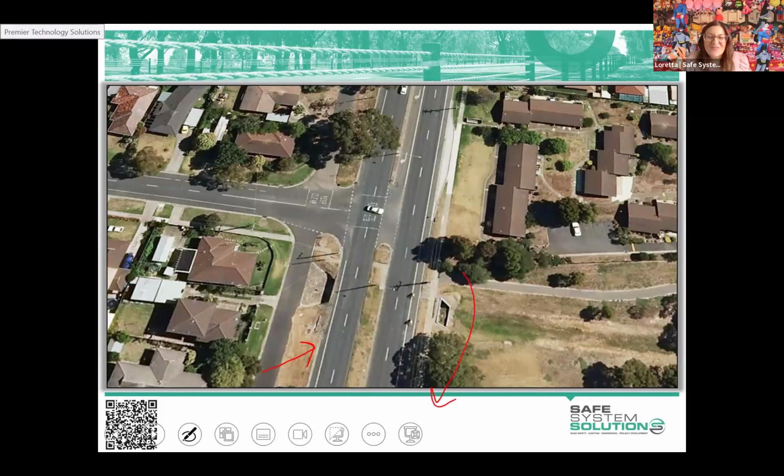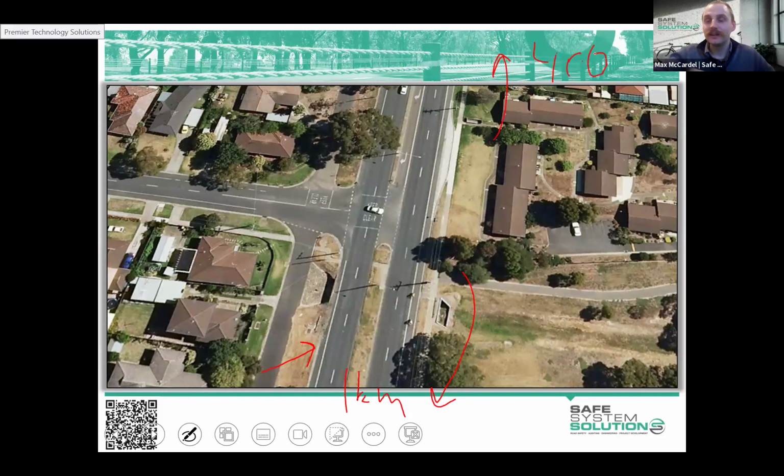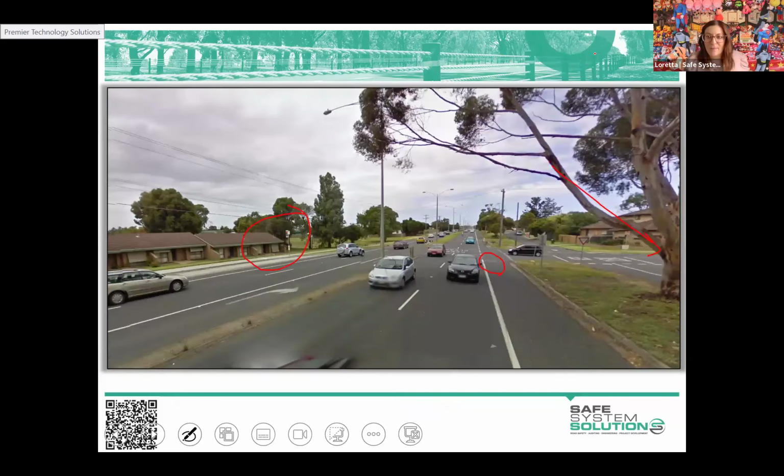Okay, the next intersection south is about 1 kilometre away, and the next intersection north is about 400 meters. No significant concerns about queuing from either of those intersections. Thank you. Some good input in the chat, but Max will go through the specific instructions on what to include in the chat shortly.